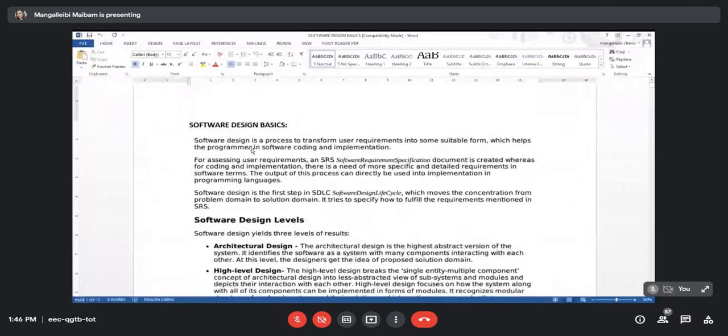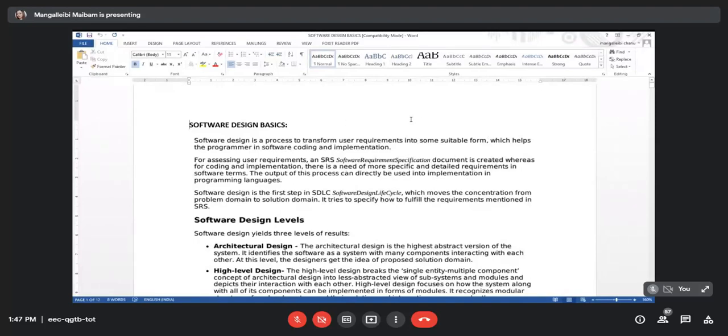Software design is a process to transform user requirements into a suitable form, which helps the programmer in software coding and implementation. So what we have done earlier was only the requirement gathering part, how we are going to collect the requirements. Through various techniques we have seen requirement gathering.